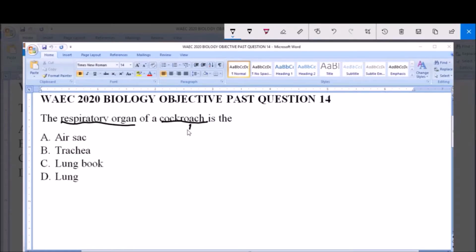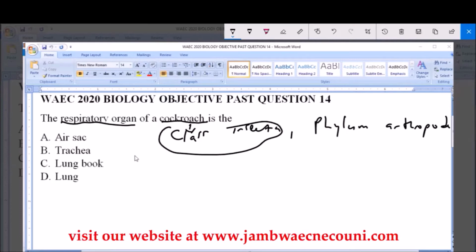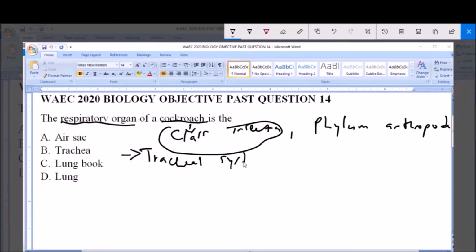Now, a cockroach belongs to the class Insecta under the phylum Arthropoda, and within this class Insecta, respiration takes place through a system known as the tracheal system.